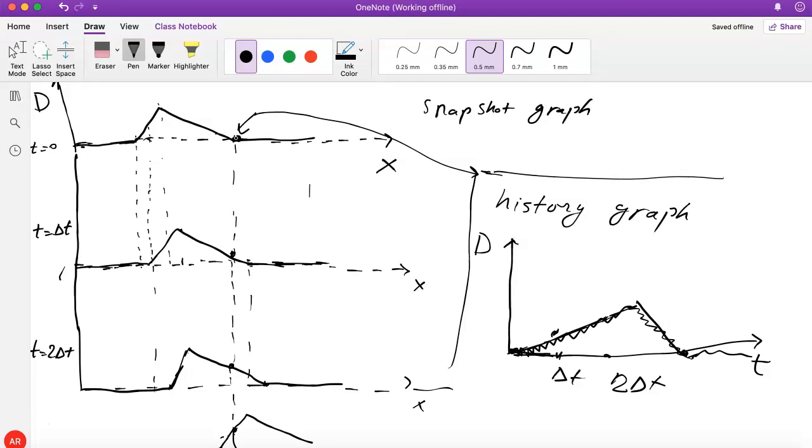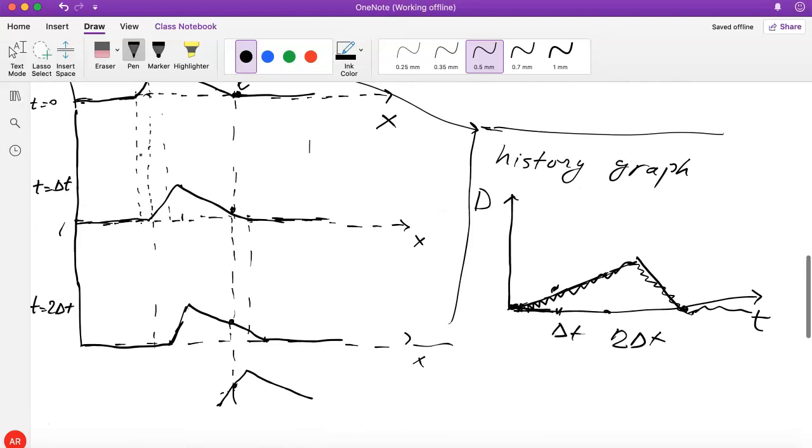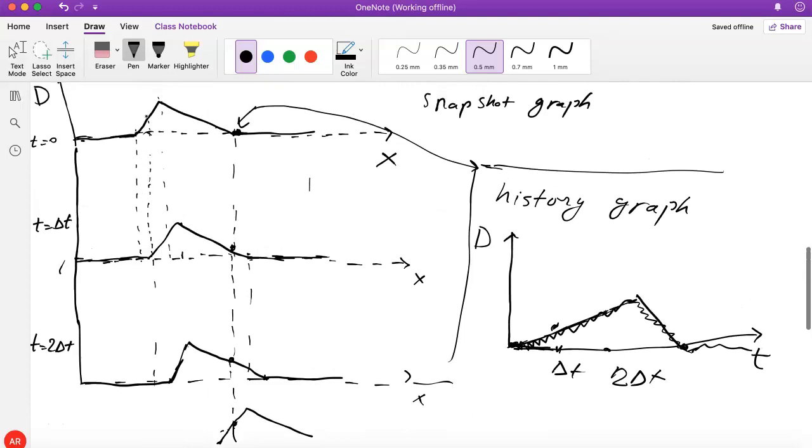So you can read off the displacement for any point at later times by just looking at the displacements at the points behind it at the initial time, right? This thing is just going through. So to read off the displacement here at, let's say, time 2 delta t, I just go back by 2 delta t times v in this snapshot figure. And that's really d naught of x minus 2 delta t times v.